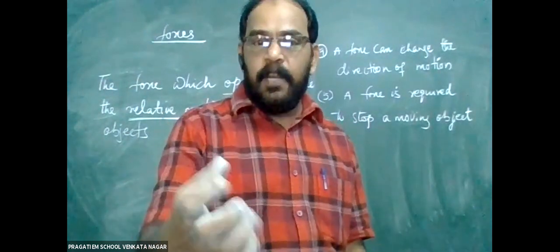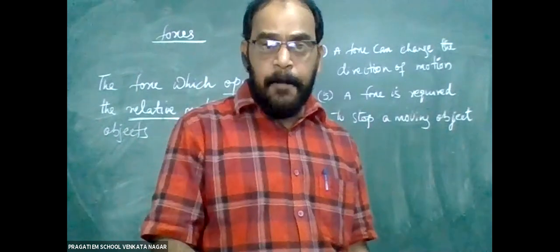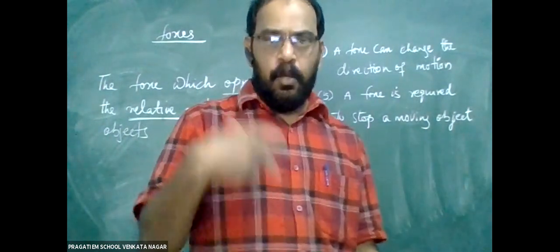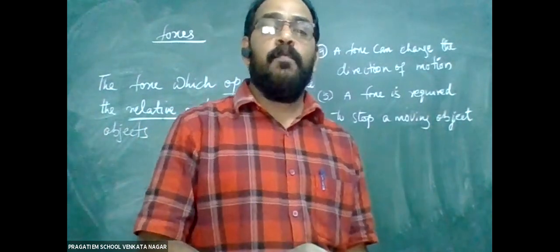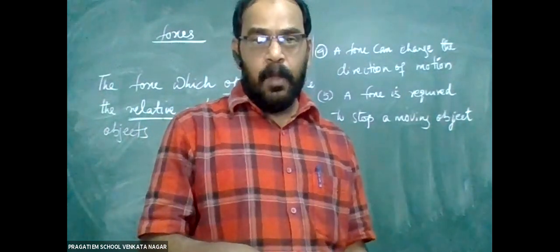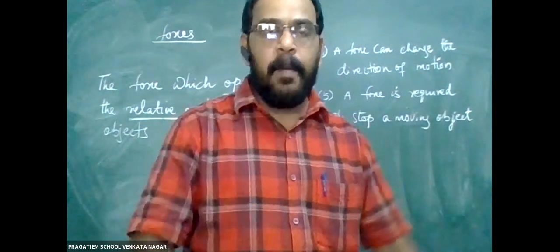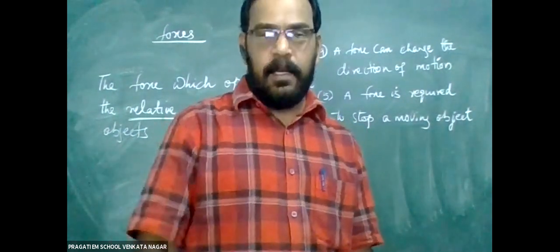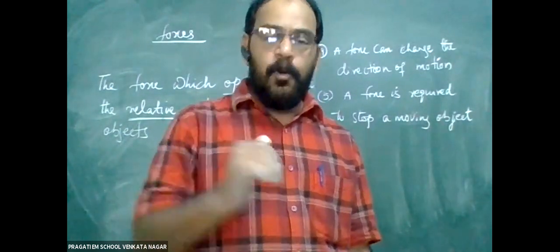So without friction, you cannot hold a glass and drink it. To drink, to hold a glass, to walk, to ride, friction is required. If friction is not there, you can't ride your cycle because whenever you apply brake, it will not stop. Again, it skids. So friction is very much useful in our life.